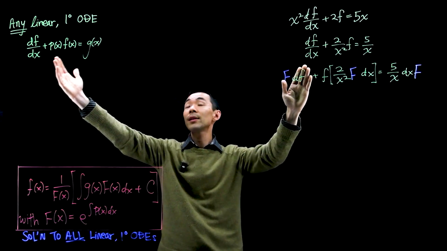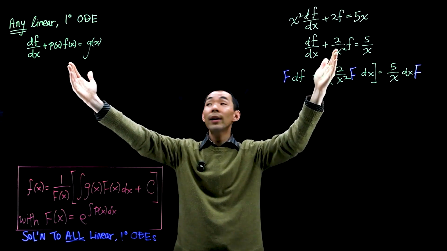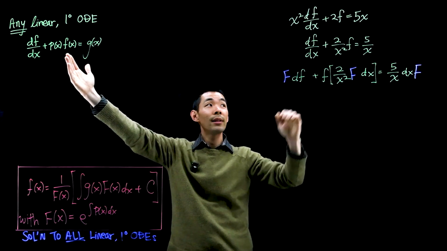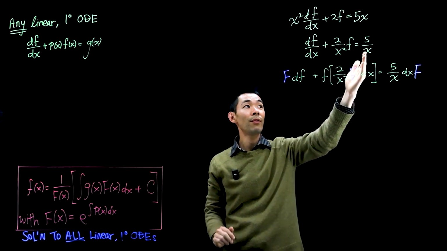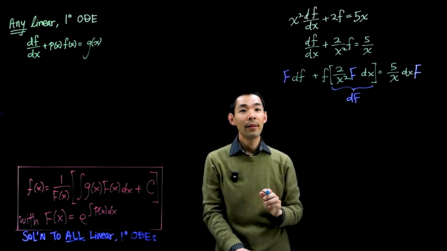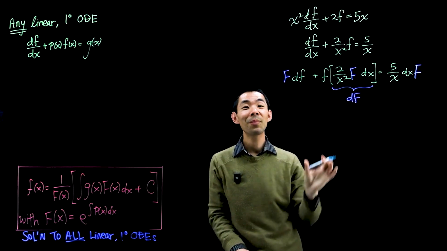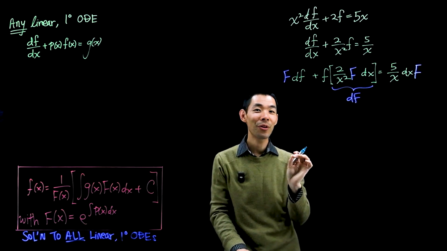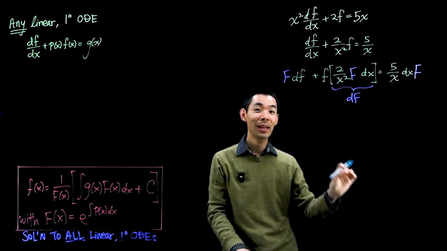It's df/dx plus 2 over x squared, which is your p of x, times f is equal to 5 over x, which is your g of x, the non-homogeneous term. So like we did earlier, this term in the bracket is equal to the small differential d capital F, which ultimately gives us the integrating factor.